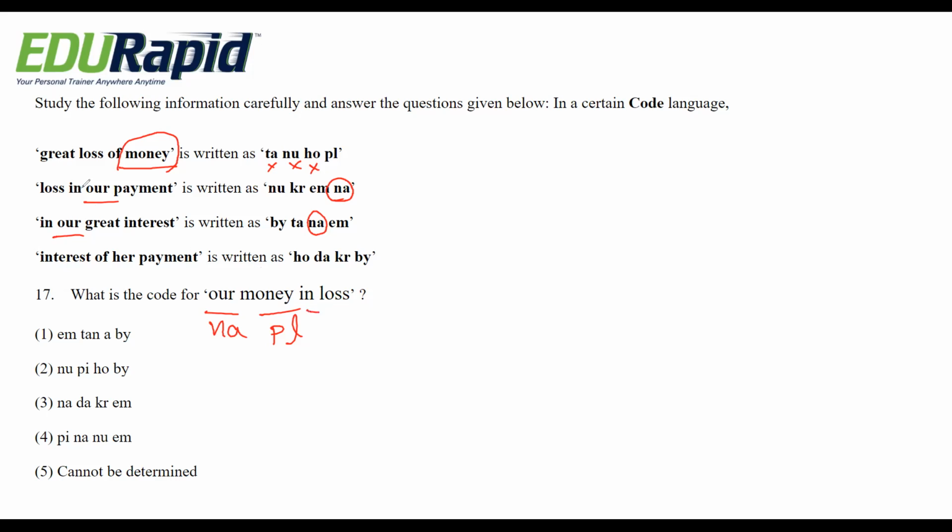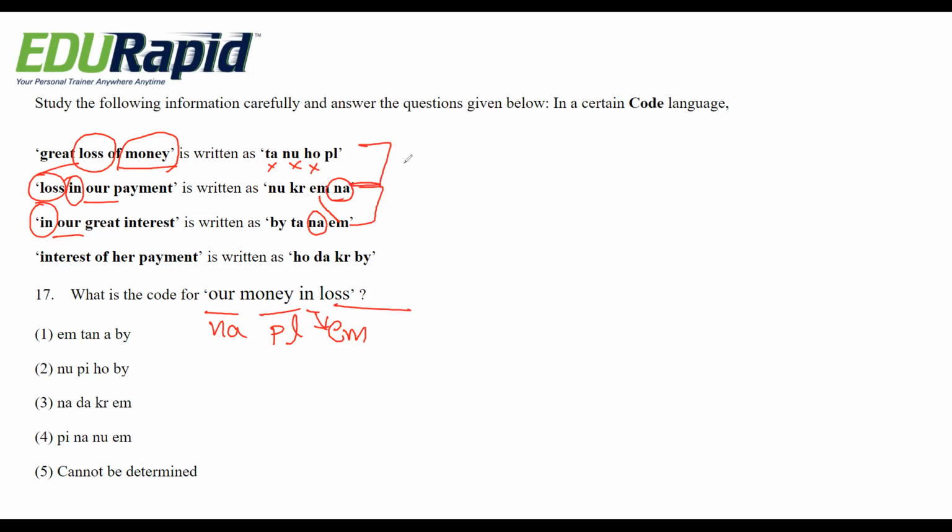Okay, let me check with in. It is in the second and third sentences. Let me check with these two. NU is not there. KR is not common. EM, yes, EM is common. NA is already used. So for in, it is EM. For loss, the first one and the second one.